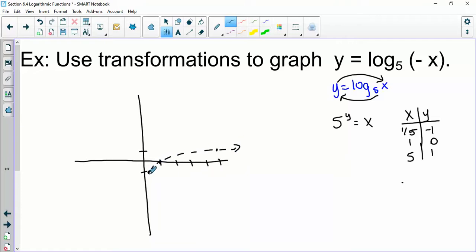Here's our parent function. Where's your asymptote? Yep, just on the y-axis. Okay, a negative on your x, that's saying it's making the opposite of all of your x's. What that does is reflects it over the y-axis.